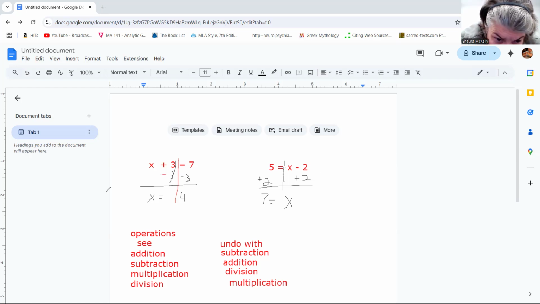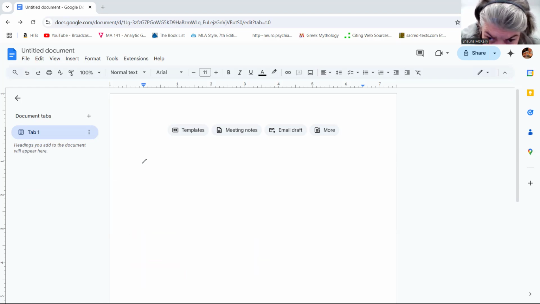Let me show you a couple of other examples of one-step equations, and then we'll go through some other equations. If I have this equation, 3n, I don't need to use x all the time. Any letter will do, or even any symbol will do for a variable, as long as you agree on what it stands for.